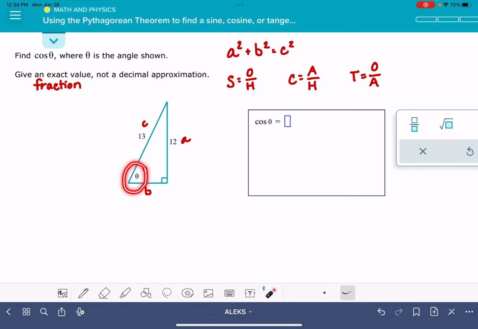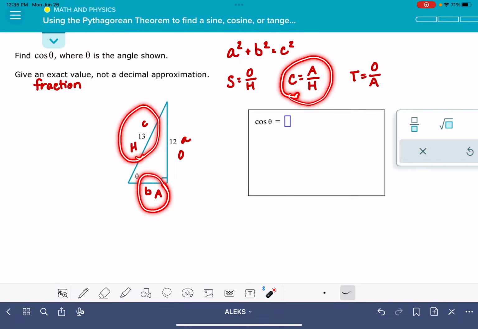For this particular angle, the one that we're trying to figure out, our opposite side is the side that has a side length of 12. I'm just going to label that as O. And then for the other two sides, the longer of the two is our hypotenuse, and the shorter one is the adjacent side. The cosine, which is what we're trying to find, is the adjacent over the hypotenuse.